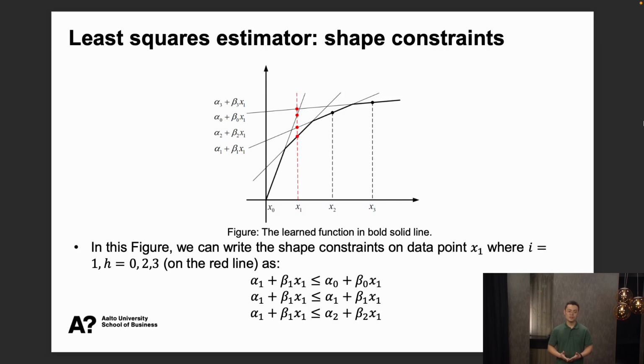Now, I guess you have your own answer in your mind. How many shape constraints in total in the optimization problem if we have n data points? Well, the answer is we have n squared shape constraints, or n times n shape constraints in total.